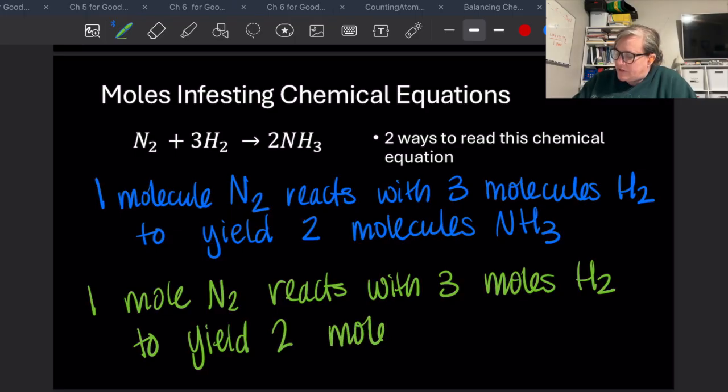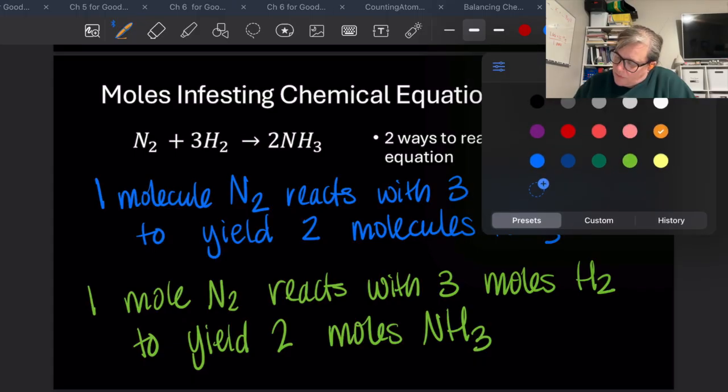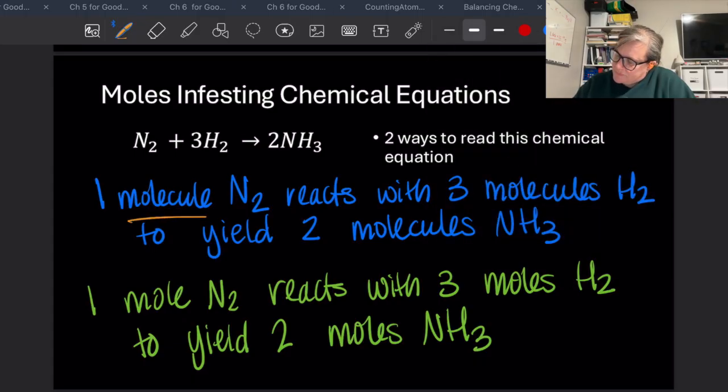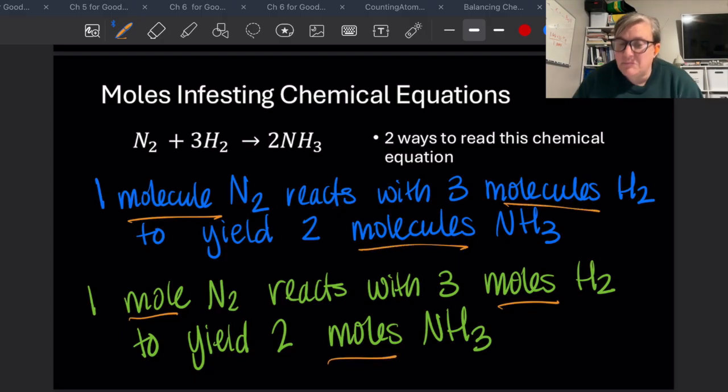The only difference between the two ways that I read those was molecule and mole. You can do either one. Now, you can't mix it though. You can't say 1 molecule of N2 reacts with 3 moles of H2. You've got to keep the same units.